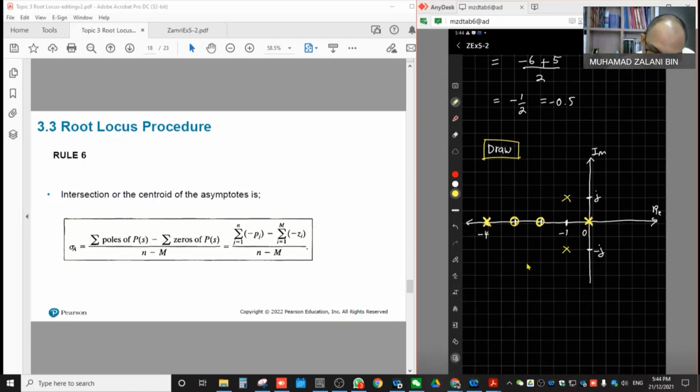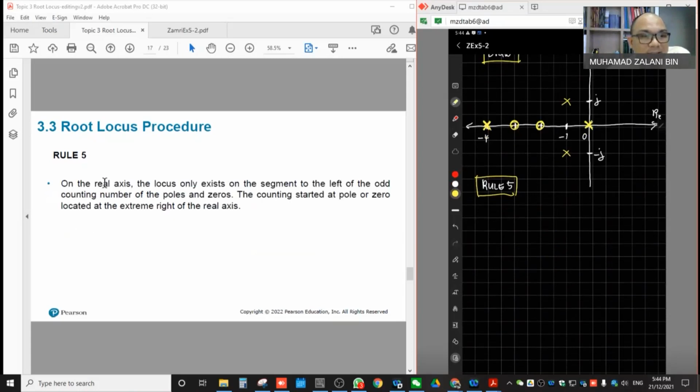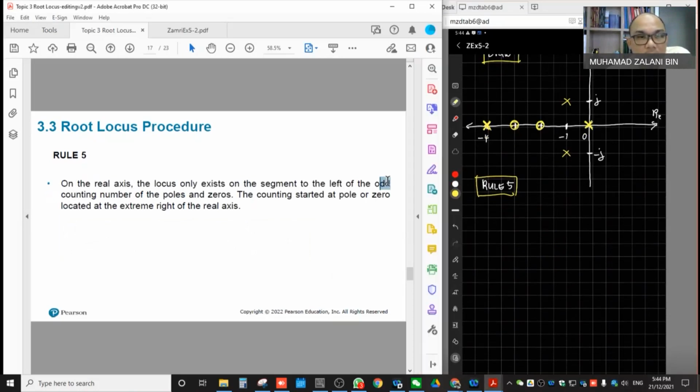Now let's examine rule number 5. For rule number 5, on the real axis, the locus only exists on the segment to the left of an odd number of poles and zeros.